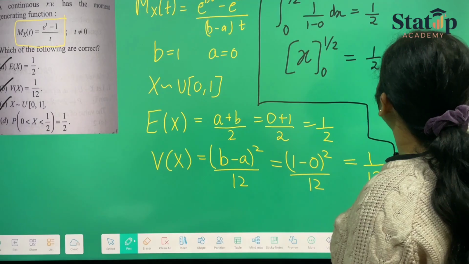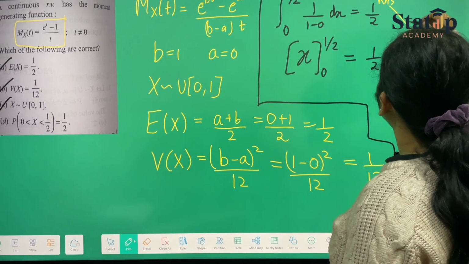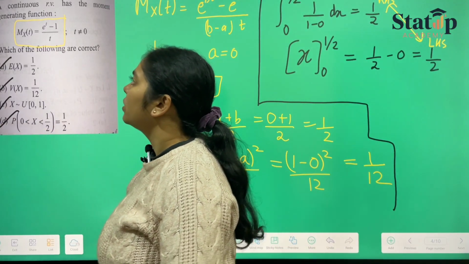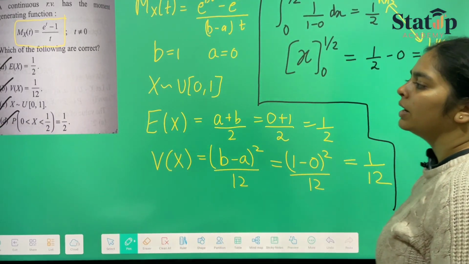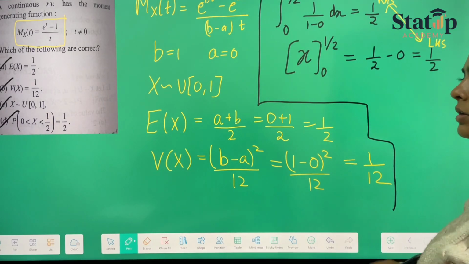So our LHS is equal to RHS, both are equal, and hence statement D is also correct. So if they ask in the exam which of the following are correct, then we'll mark the option that all the statements A, B, C and D are correct.